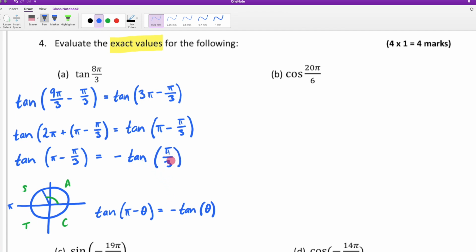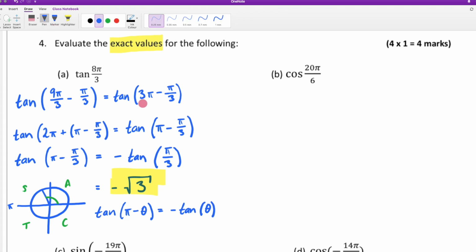This is an angle in your first quadrant, and hopefully you're able to immediately recognize this as the square root of 3, which means that is my final answer, negative the square root of 3. Now I went through this question rather slowly, so as not to get anyone confused, but hopefully in a test situation you would be able to do this far quicker.